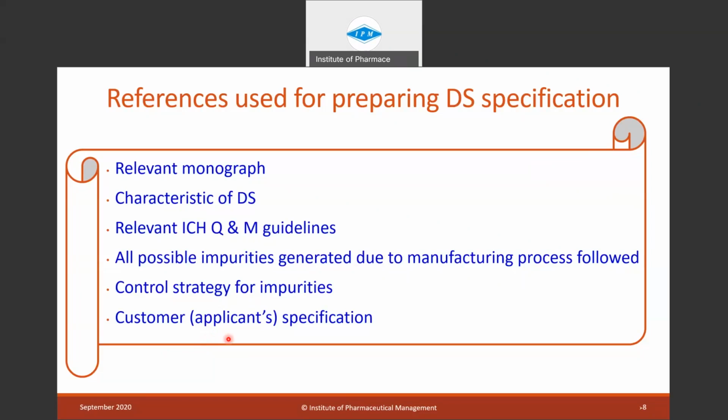So that kind of specification, that kind of test should be added in the drug substance specification. So it's not only monograph compliance, friends, but we need to comply with other points also. And then we will have several tests added in the specification, and the specifications are well justified, and that set is presented to regulatory authority.